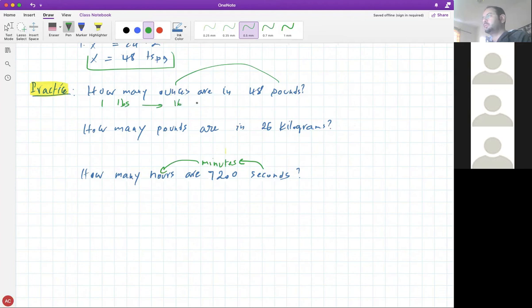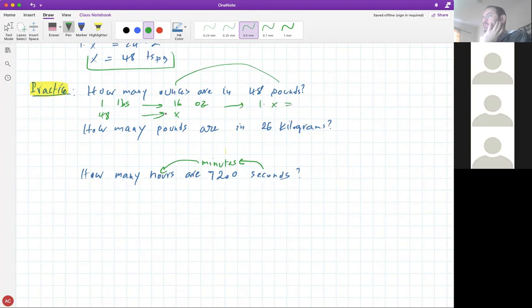Okay. And then what's the other ratio? You put the 48 under 1 pound, and then you put the X under 16. That's right. So pounds under pounds. We're going to do 48 here and X here, right? And then you cross multiply. 1 times X and 48 times 16. Very good.